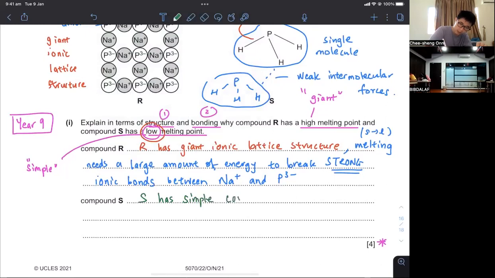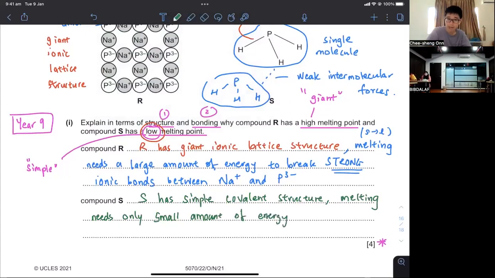So structure and bonding again, simple covalent structure. So what are we breaking? Melting needs only a small amount of energy. I talk about small because it's a little amount of energy, not a lot of energy. Because what are you breaking? Only weak intermolecular forces. We cannot be breaking covalent bond, okay?